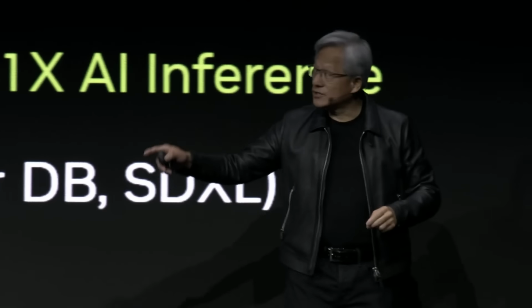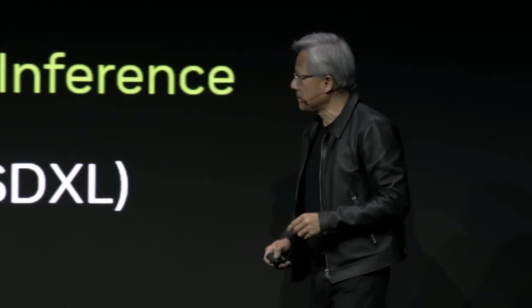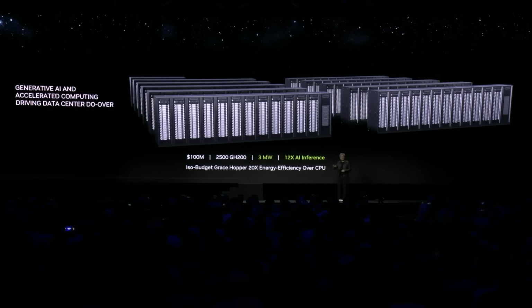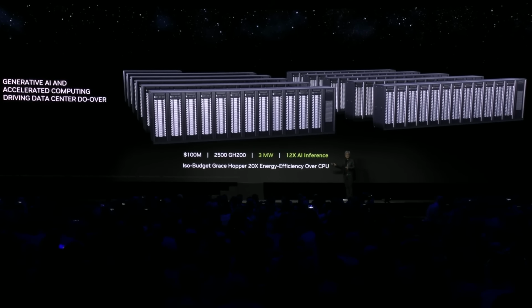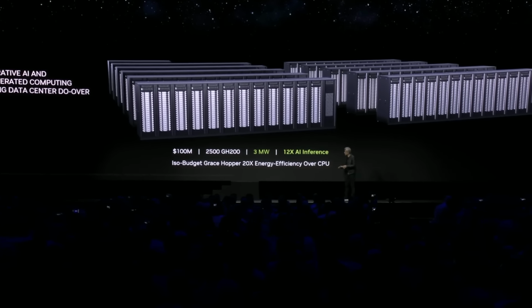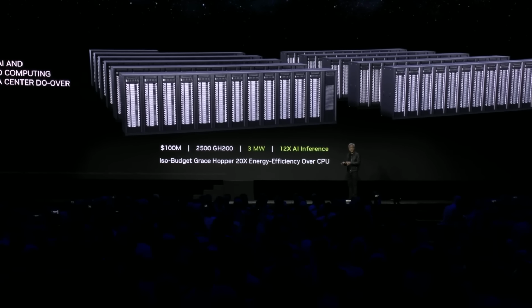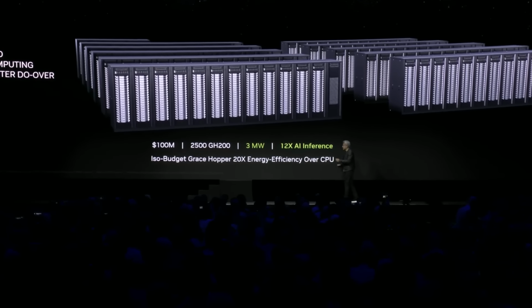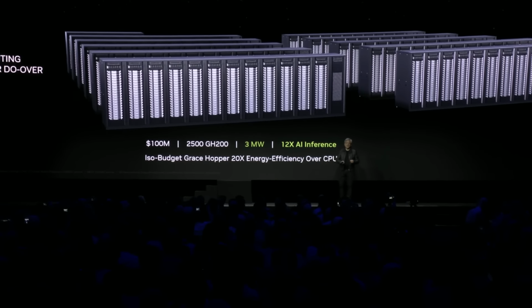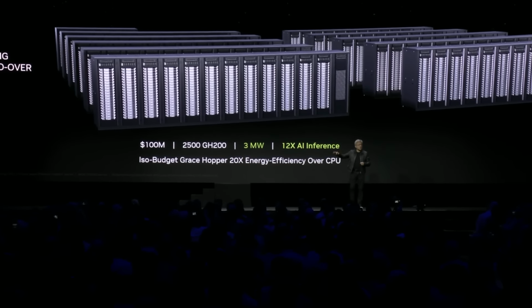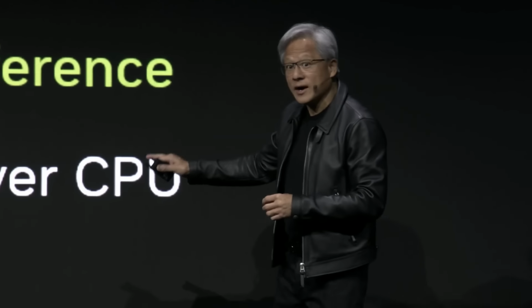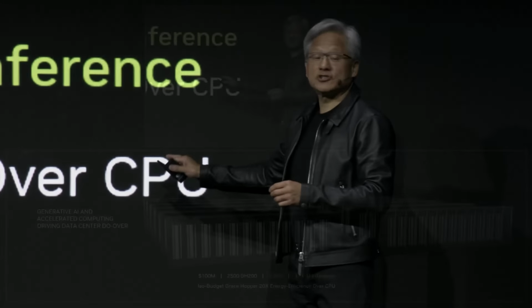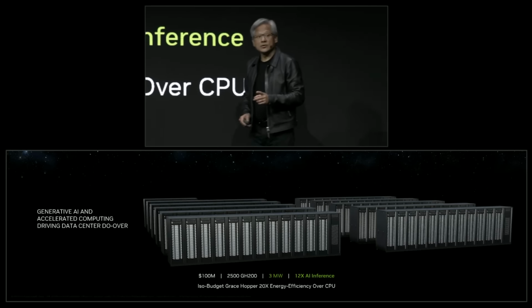Using the exact same budget with accelerated computing Grace Hopper, it would consume only 3 megawatts, but your throughput goes up by an order of magnitude. Basically, the energy efficiency, the cost efficiency of accelerated computing for generative AI applications is about 20x. 20x in Moore's law and just the current way of scaling CPUs, that would be a very, very long time. And so this is a giant step up in efficiency and throughput. So this is ISO budget.